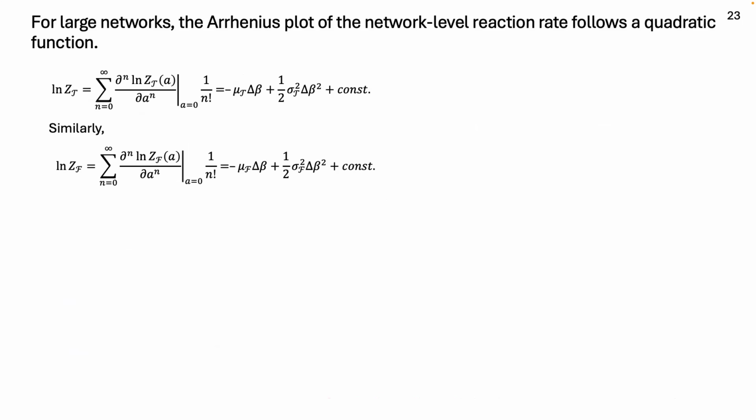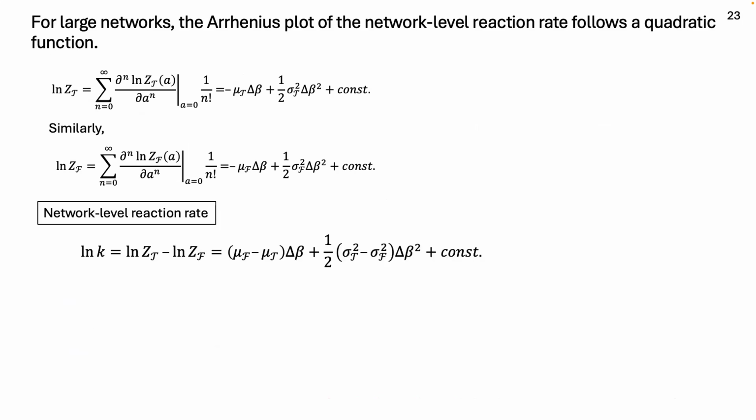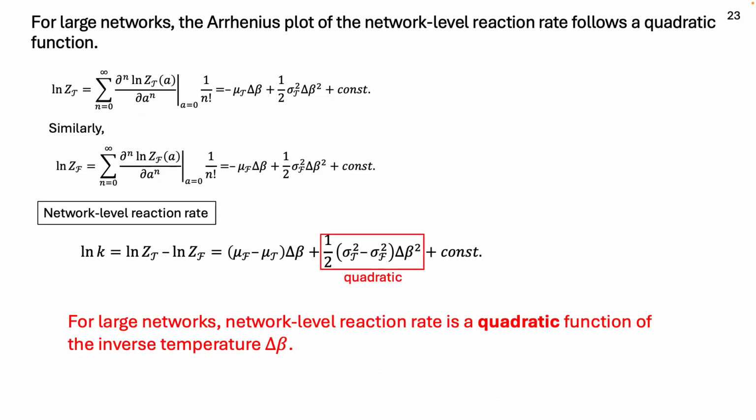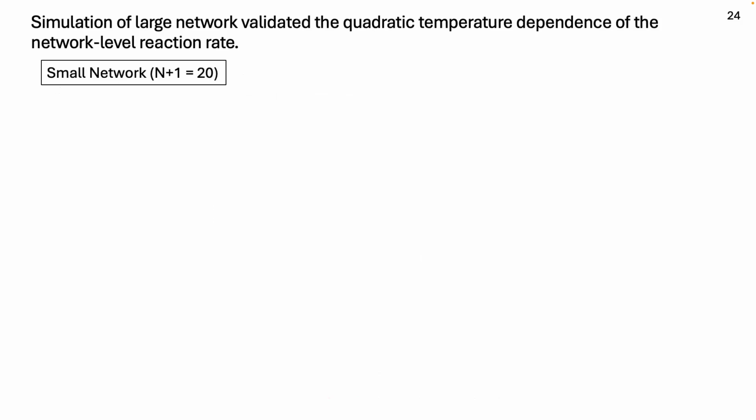Same analysis. And then we finally conclude the log of the reaction rate is a quadratic function of inverse temperature. This is the conclusion of this theory. So it means the Arrhenius plot should be quadratic. So let's check the simulation.